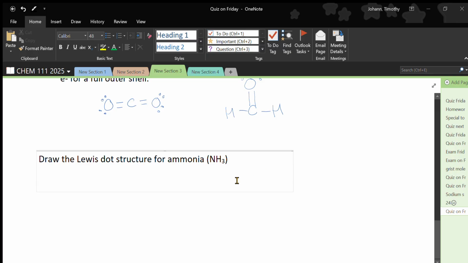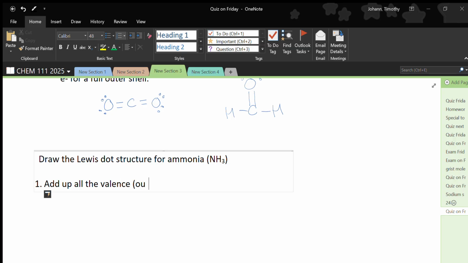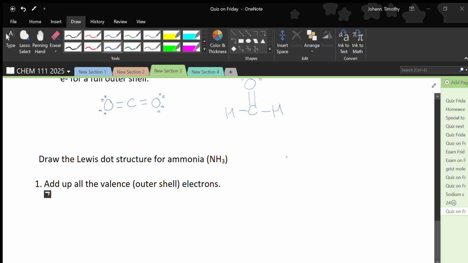All right, so what we do first for this, the first rule, is we add up all the valence electrons. Remember, that's outer shell electrons. So for ammonia, ammonia has a nitrogen, right?